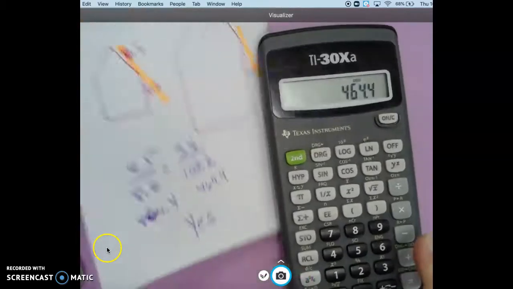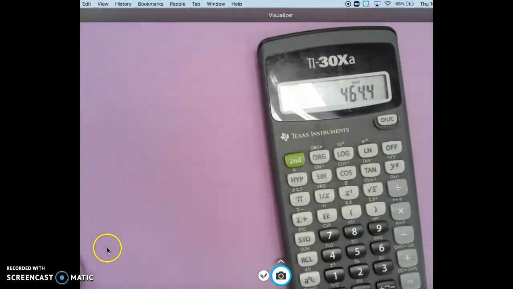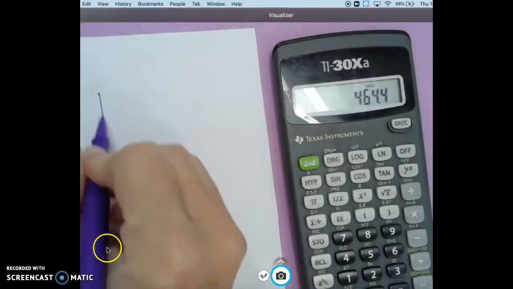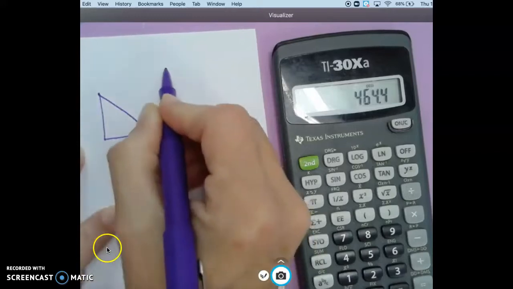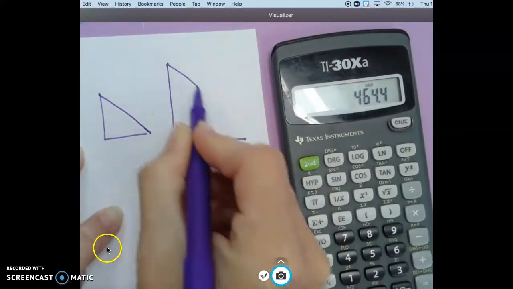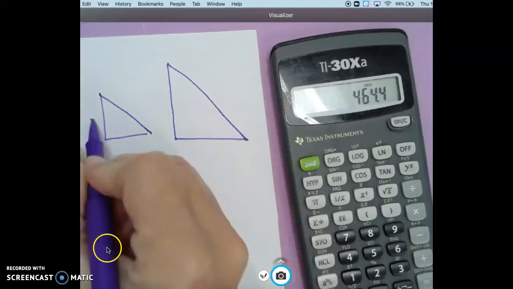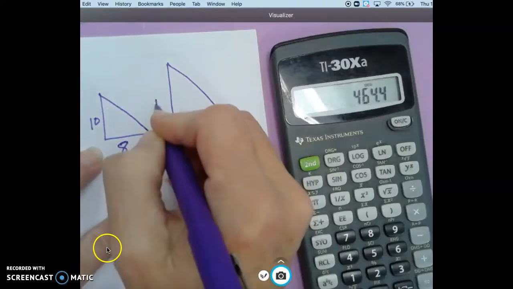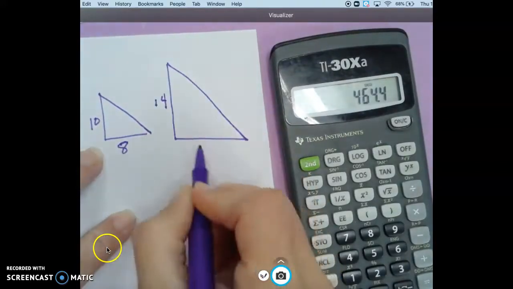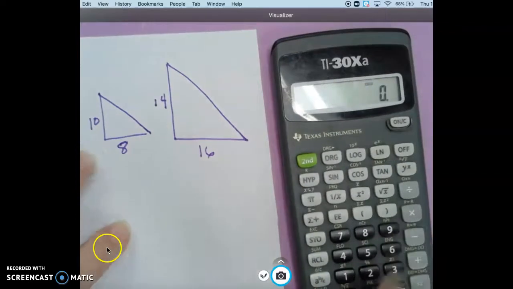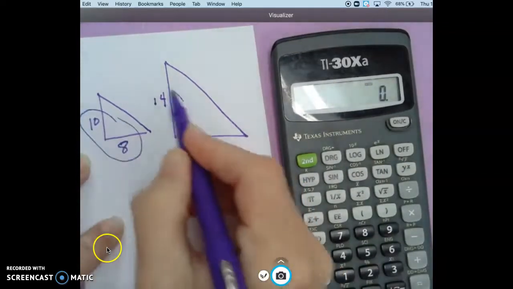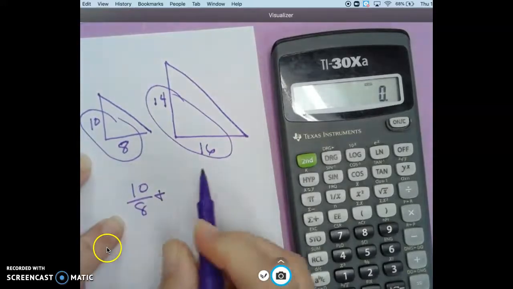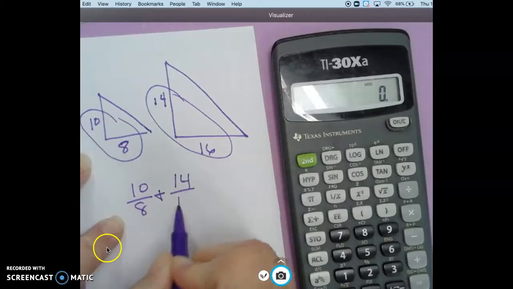So now I'm going to sketch out another one real quickly. If I wanted to check these two, if I do 10/8 and 14/16.